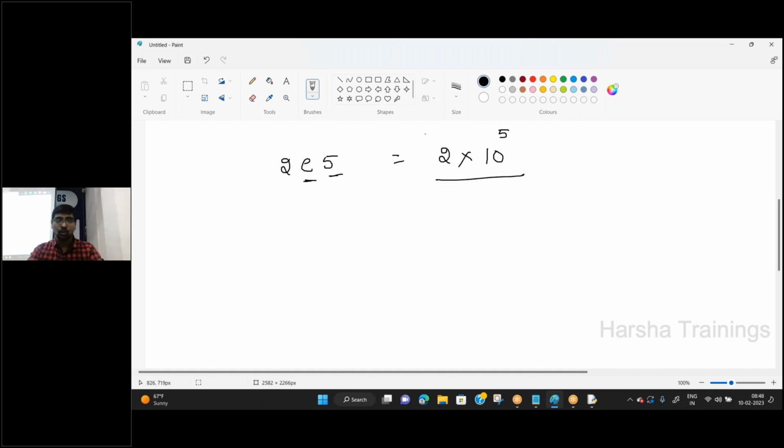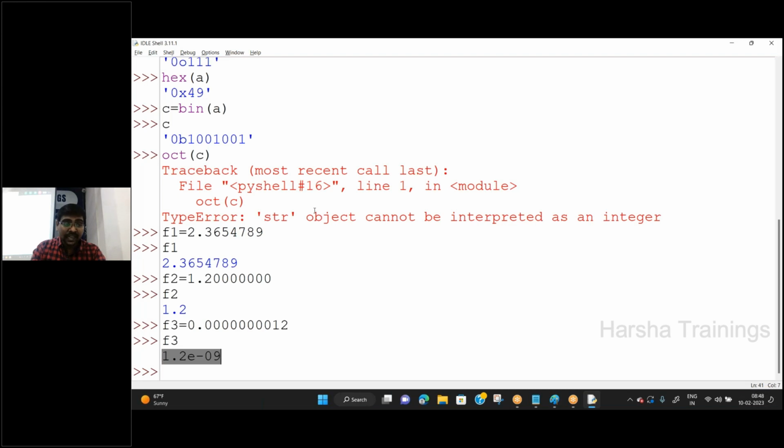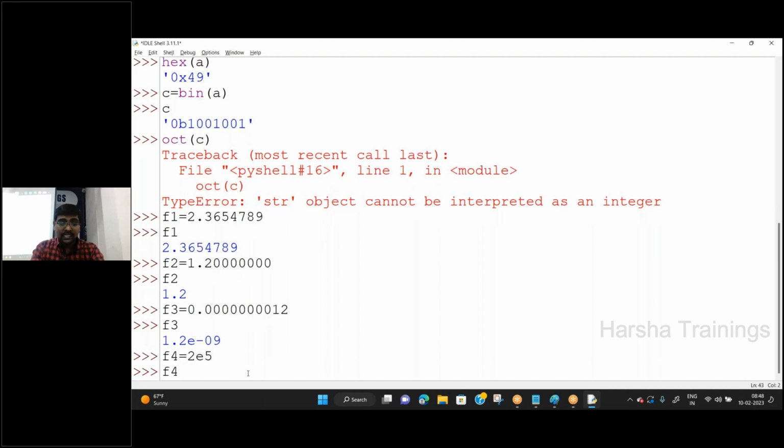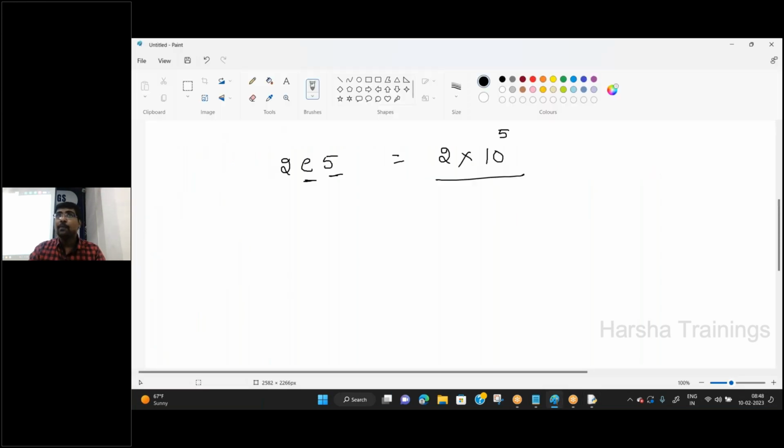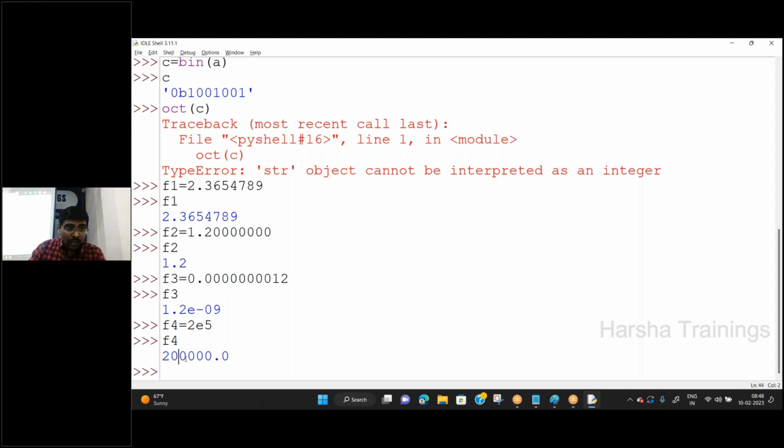E specifies base 10, and 5 specifies the power. Check whether it is right or wrong: F4 is equal to 2E5. What is F4? See this one, yes or no? 10 power 5 means we are adding 5 zeros: 1, 2, 3, 4, 5.